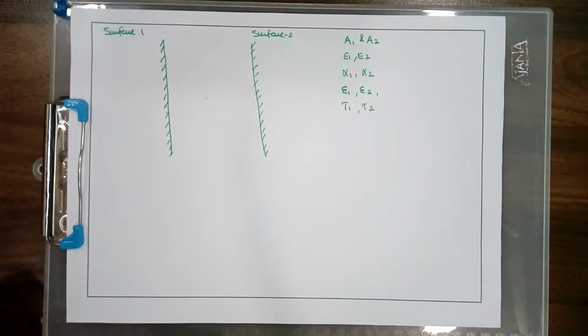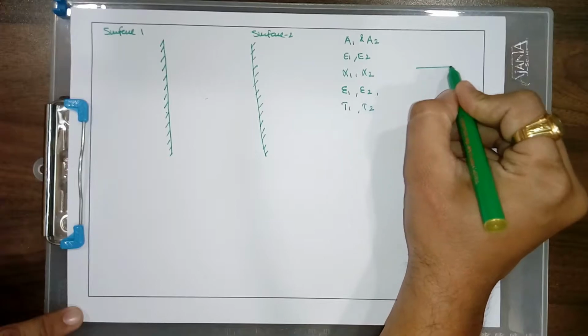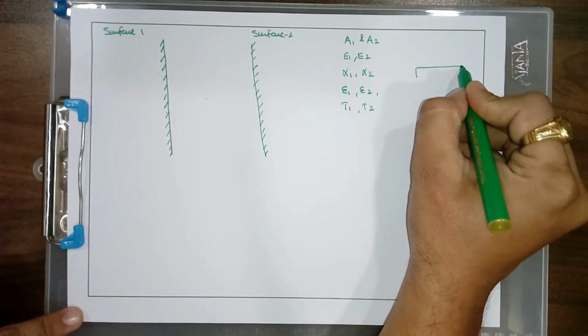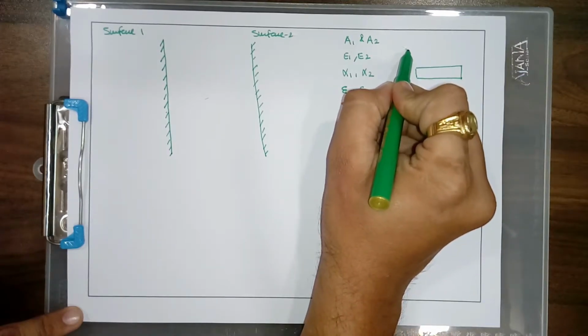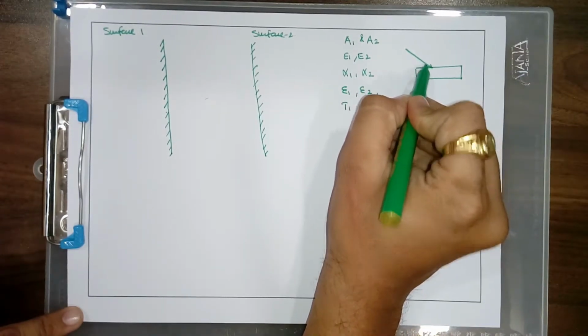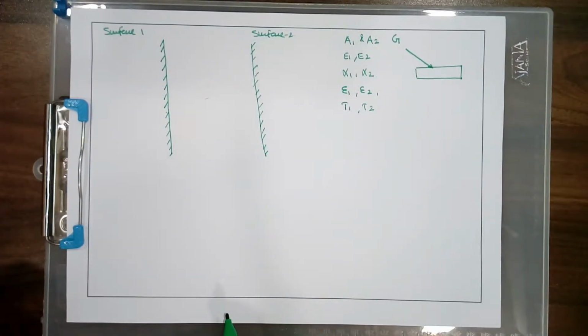Now here we have assumed opaque surfaces. I want to make clear in your mind, whenever you assume opaque surfaces, physically, suppose G is the incident radiation which falls on an opaque surface.